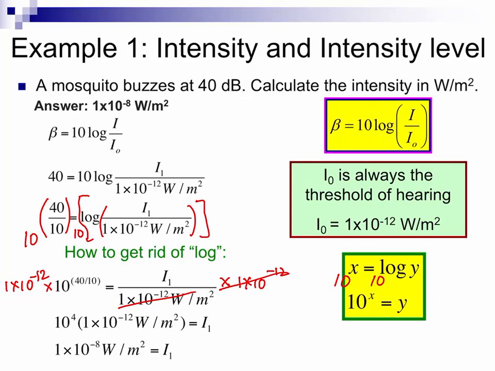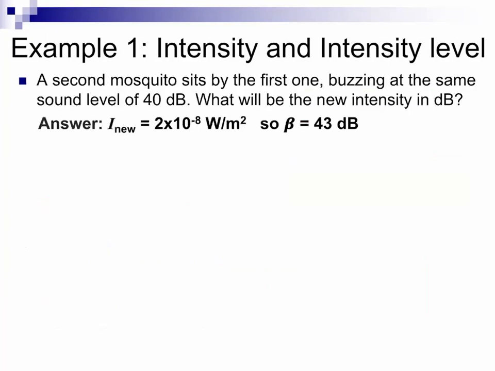All right. And just one final point, which is quite important. Now, if a second mosquito sits by the first one and they're buzzing at the same level of 40 decibels, and you want to find the new intensity level in decibels.